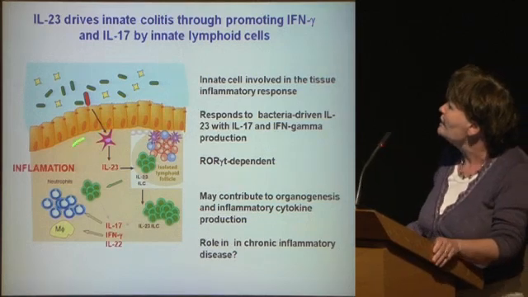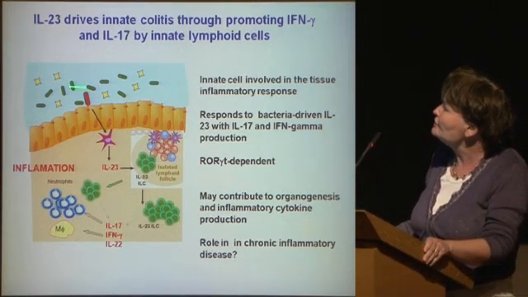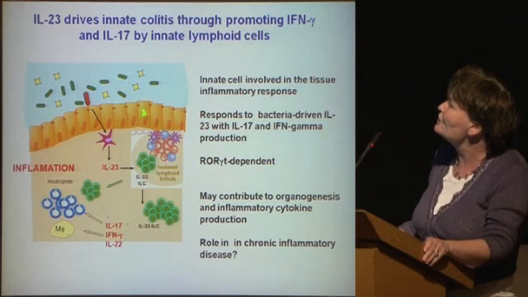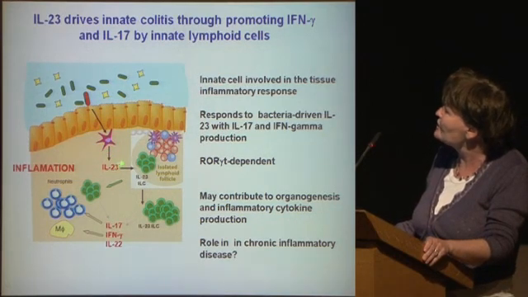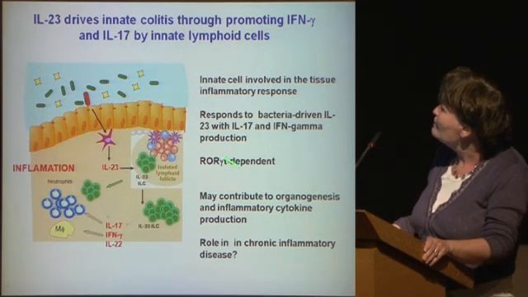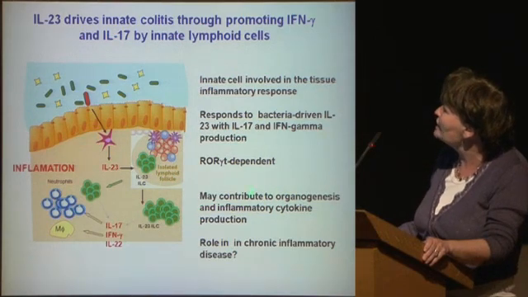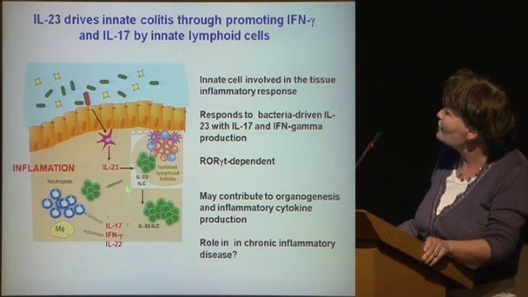They are poised in the lamina propria, ready to respond to microbially induced signals, be they epithelial-derived or, in this setting, derived from myeloid cells, and they therefore may contribute both to organogenesis and inflammatory cytokine production.